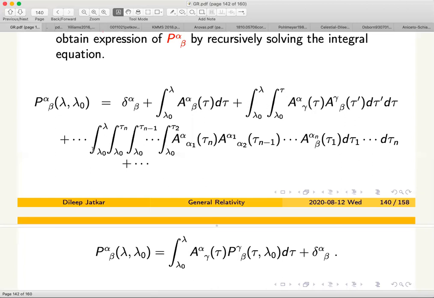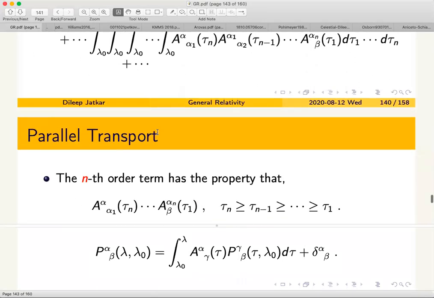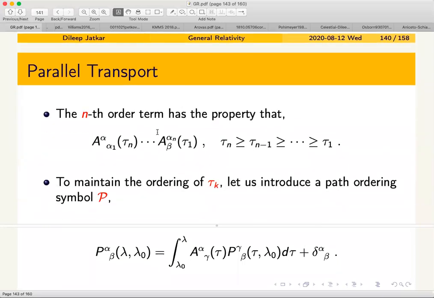Okay. And in fact, if you do it for the nth order term, then you don't need to put a factor of 1 over n, but you need to put a factor of 1 over n factorial. Okay. So that is the thing. You may even learn it in quantum field theory course because it's kind of essential.